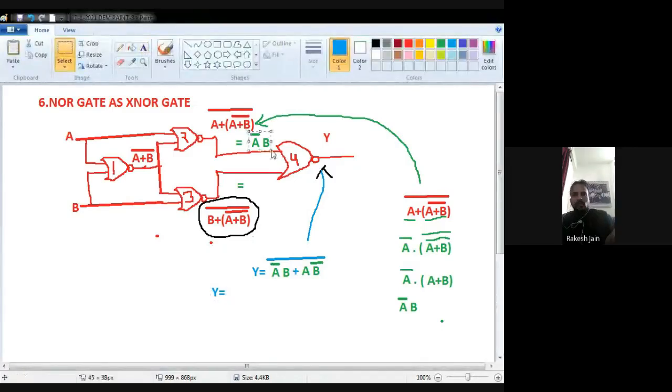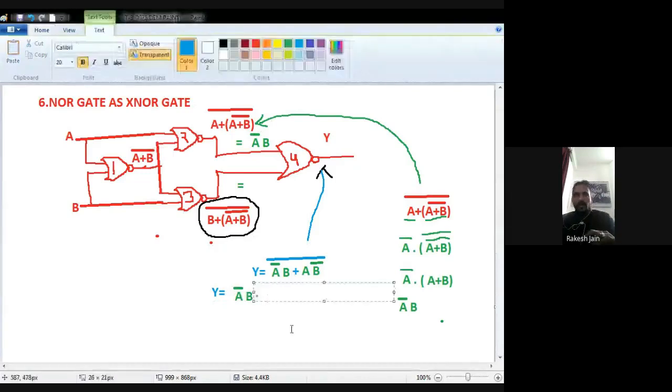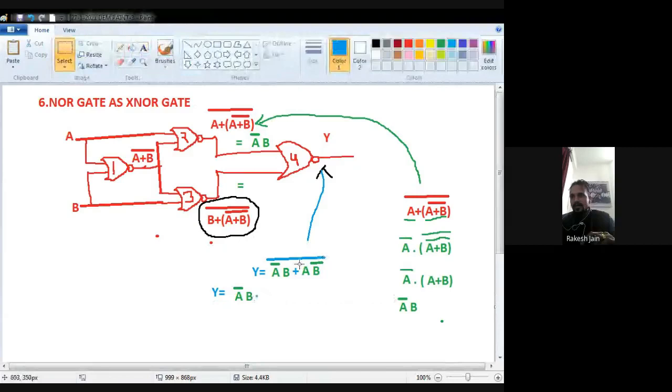Now we will realize it, we will simplify it. So see, y is equal to, two things are there, one is A bar B and one is A B bar. First of all, write down separately, the plus in between them will be converted into a dot with the help of De Morgan theorem, and both those two things having individual bar.